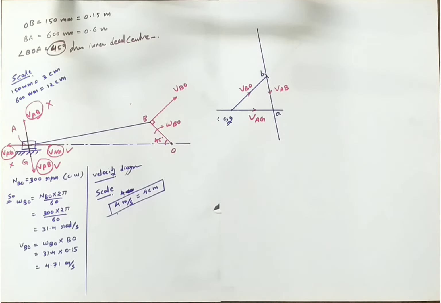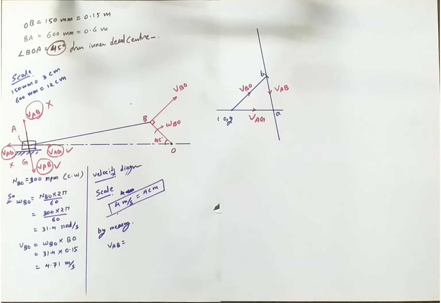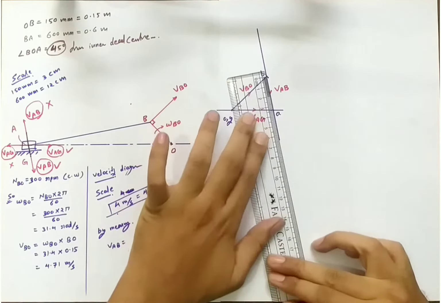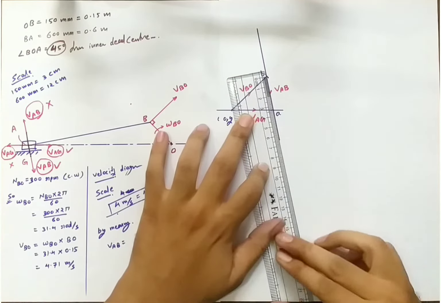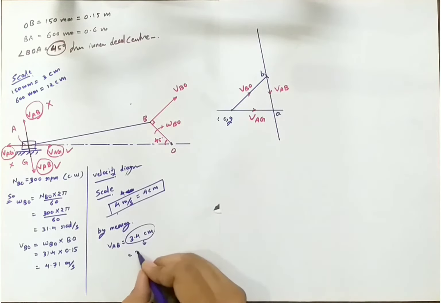So we have completed the velocity diagram, so we can measure, and after measuring we can reconvert that to the proper scale. So this is 3.4 centimeter, so this is equal to 3.4 meter per second.